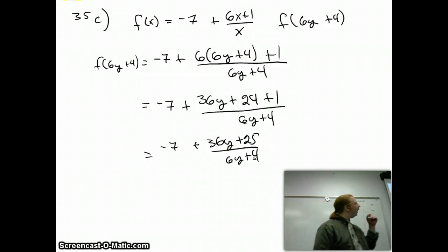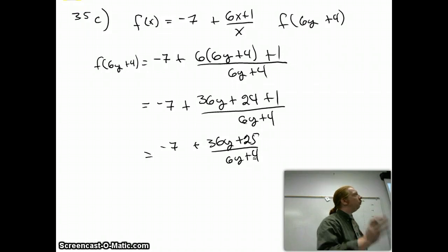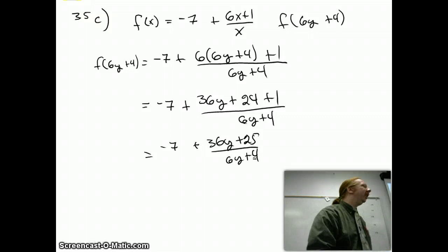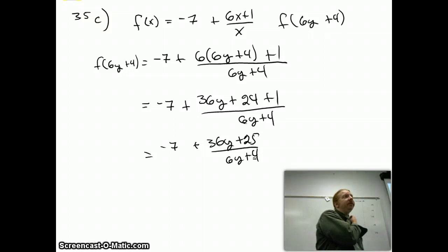I can factor a 2 out of the bottom, but I can't cancel once I do that. 36 and 25 have no common factors. They're both squares, but you can't take the square root, and a squared plus b squared doesn't convert to anything neat. It's not like a squared minus b squared, which you can factor. So as far as I know, that's as simple as you can get.